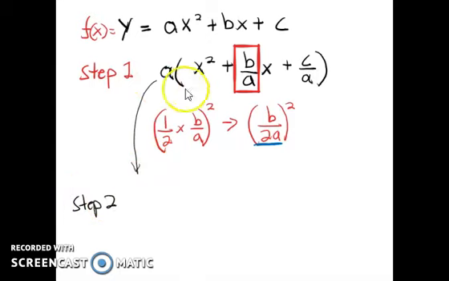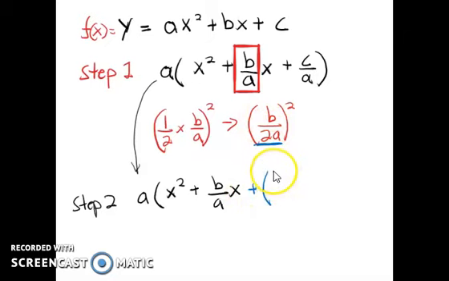This is step 2, and I'm just going to copy this. I repeat it: x squared plus b over a x, and after this we are going to add and subtract this term. Make sure we don't expand this.